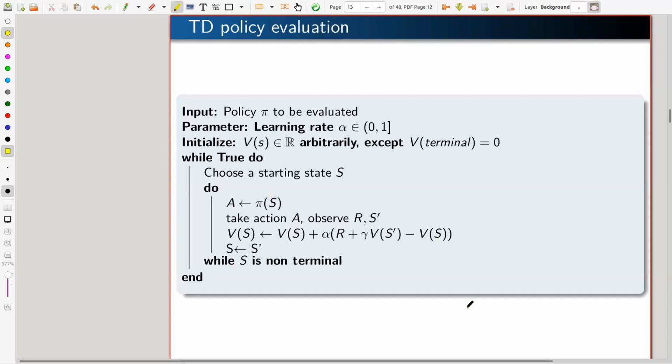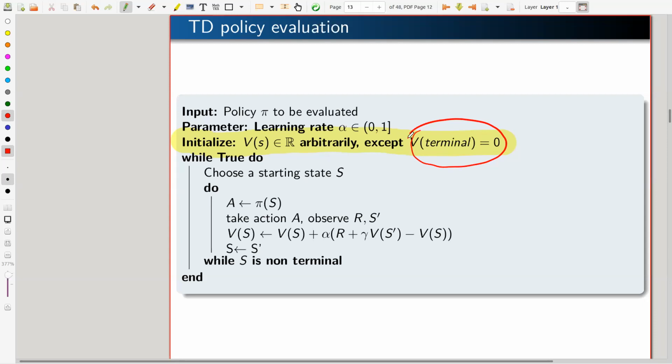Code. Well, nothing to say. Exactly as before, apart from a small detail. Take care that in the initial value you give to the states, you can't help giving 0 to the terminal states. In Monte Carlo methods, you can, because the initial value you use is immediately forgotten.